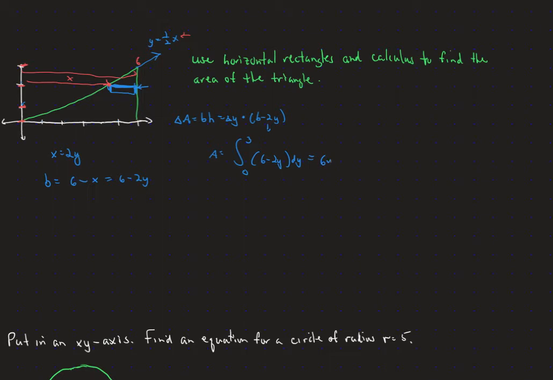So that's going to be 6y minus y squared going from 0 to 3. So that's 6 times 3 minus the 3 squared. So we're going to get 9. See how that works?